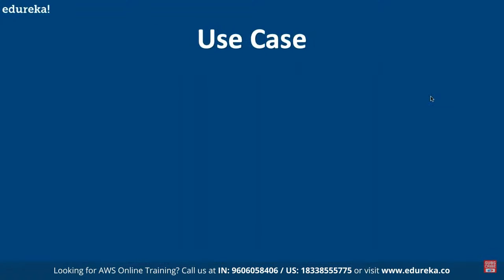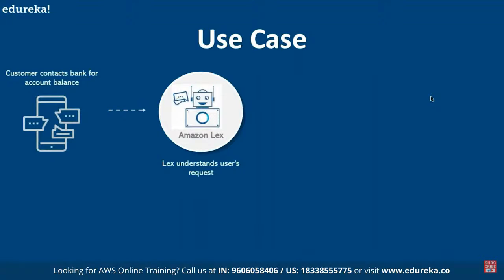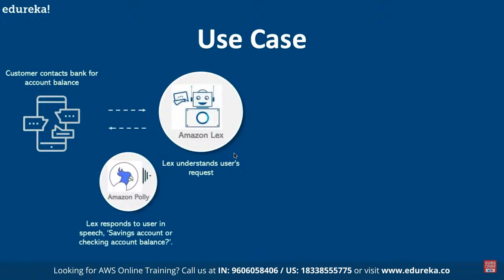Now in terms of use cases we had discussed, there are multiple use cases for Lex. So we can use this in the banking domain. Customers contact the bank for the account balance, and Lex understands the user request and responds to the user in speech with the savings account or checking account balance. And then we are going to process this information by using Lambda.